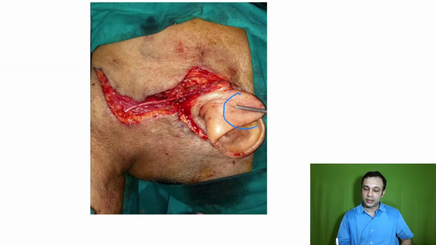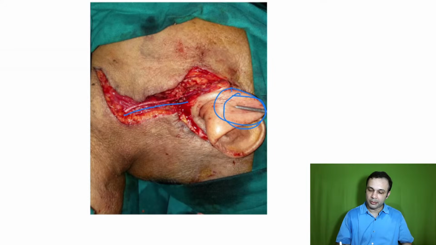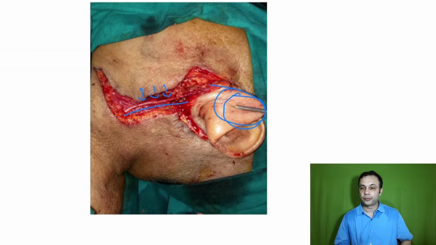This patient says there is tingling and numbness of the pinna, and you have this nerve which usually supplies the pinna. So what is this nerve here in this image? What is the nerve? Should I give away the answer?